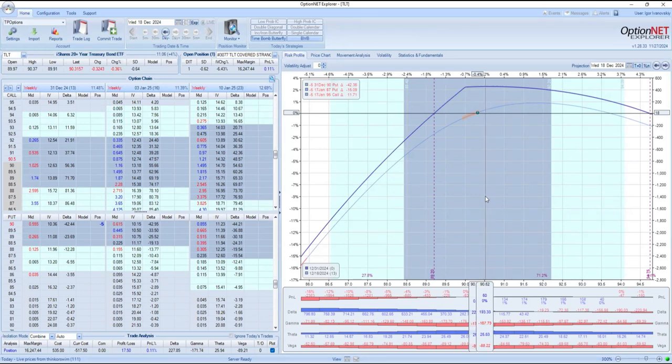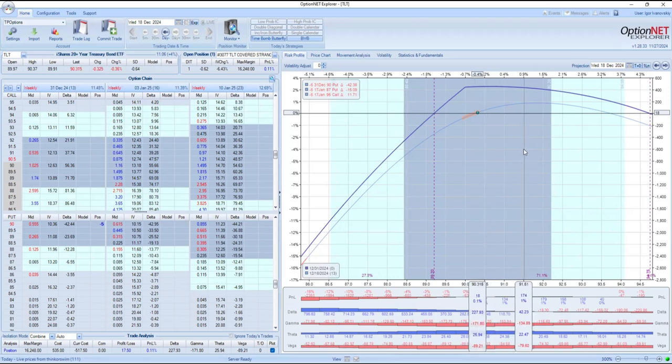Now, granted, if long-term rates are going to fall, this yield in TLT is going to come down.